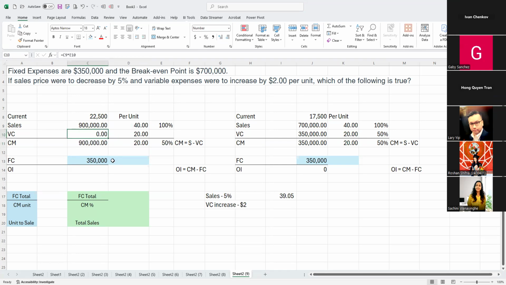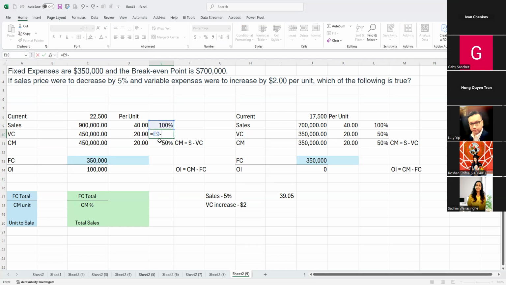If I know this, how much is my variable cost here? $450, right? How much is my operating income here? This one minus this one, 100,000. Okay. Now we start solving the puzzle, aren't we?